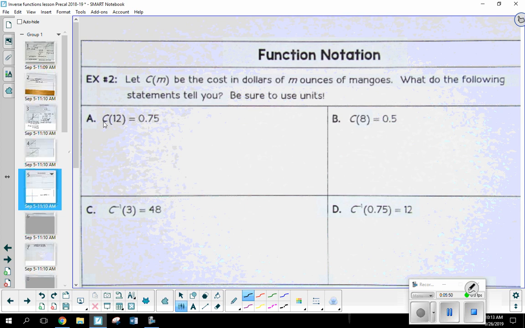So knowing this, if you see this expression, C of 12 equals 0.75, what is that actually telling me? 12 ounces of mango costs 75 cents. Or you can just put 75 in the C with a little bit, if you just want to do number of pennies, completely up to you. Because it said it was in dollars, that's why I did that.